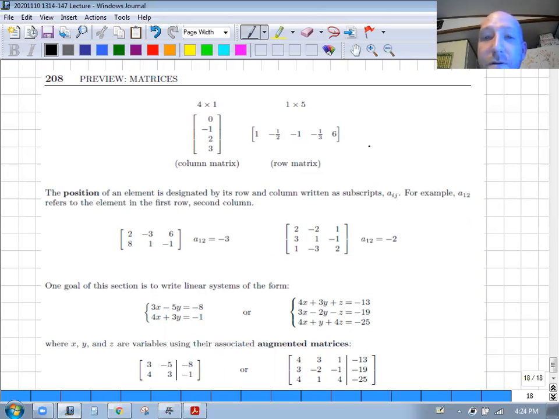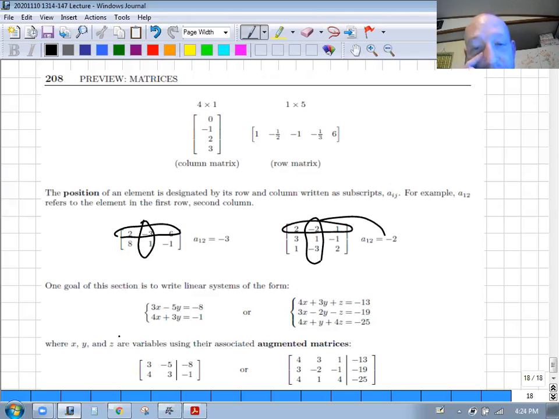So a sub 1, 2, the first row, second column, that's -3. Over here, a sub 1, 2, first row, second column, that would be a -2.